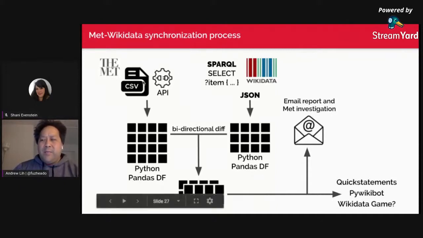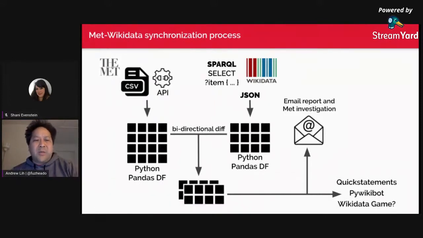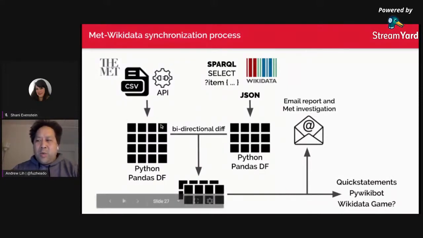We bring in the Met's content in a kind of a spreadsheet format, also known as CSV, right? Comma separated value. There is also an API or application programming interface for the Met that you can jack into. And we bring that content into one gigantic data structure and we compare it against Wikidata.